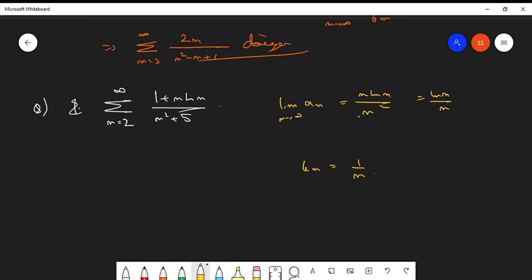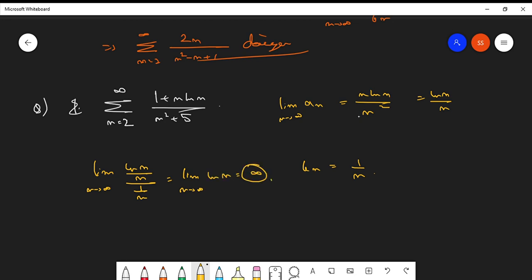Now if we do limit n tends to infinity of (ln n over n) by (1 by n), that is limit n tends to infinity ln n, which is basically infinity.